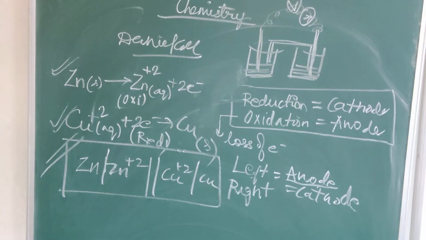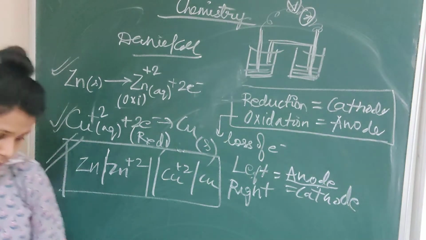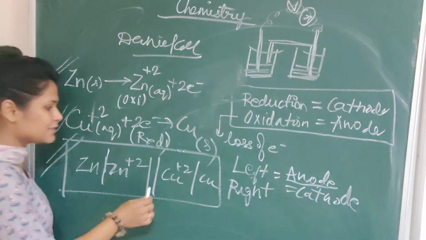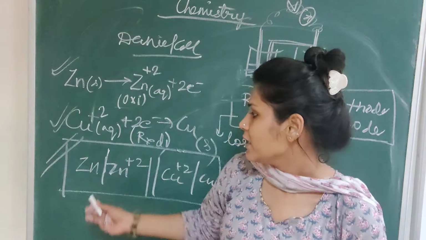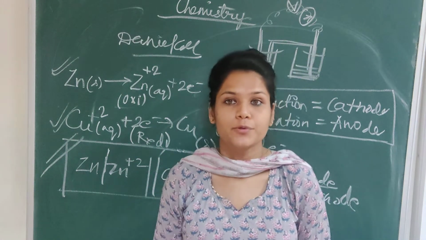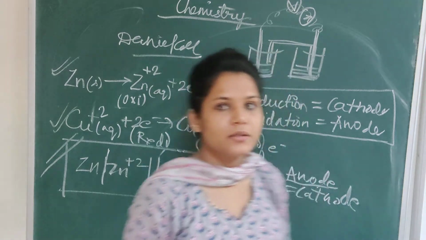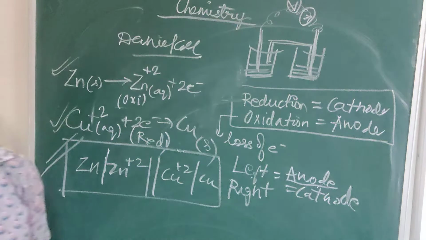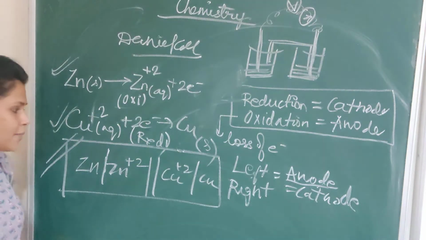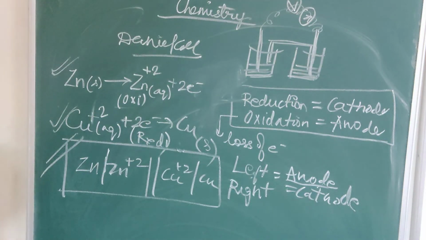Now the thing that we are going to learn new is that if, let's suppose, one half cell is not given to you, they have not mentioned which half cell to take, what are you going to do at that time? So the answer lies in the next concept. Shall I rub this? You can note it down.